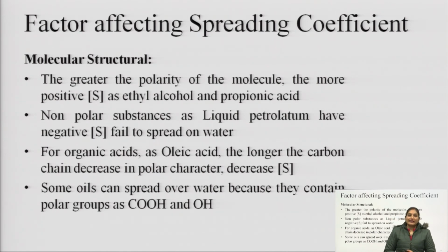In case of an organic acid such as oleic acid, a longer carbon chain decreases the polar character and decreases the value of the spreading coefficient. Some oils can spread over water because they contain polar groups such as carboxylic acid or OH groups, giving a higher spreading coefficient.